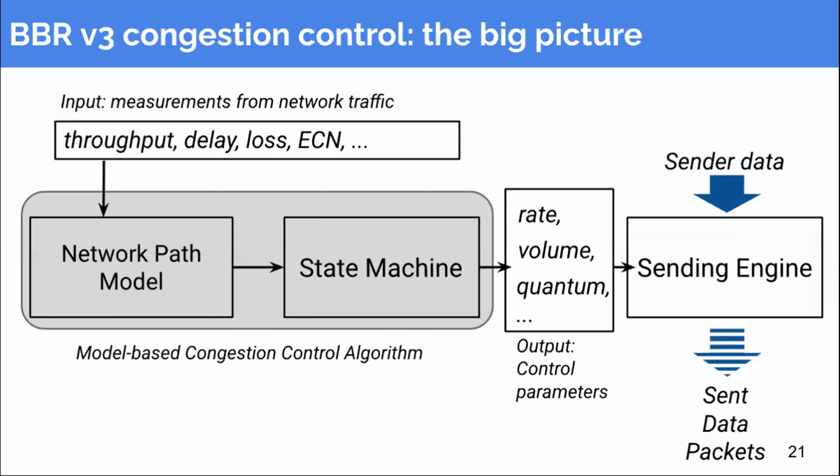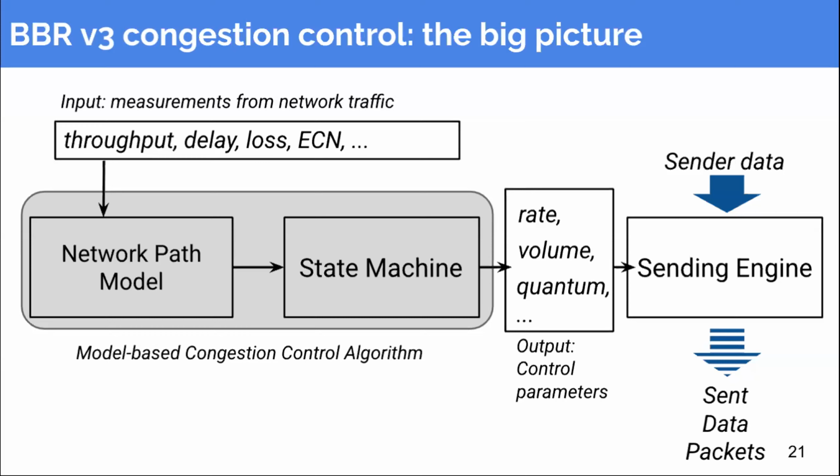So if we look under the hood a little bit at the architecture of BBR, it's useful to think about a diagram like this one. So here's the big picture of the components of BBR if we think about them at an architectural level. At the top here, we have the input that's going into the algorithm. These are basically different kinds of measurements of network traffic. This includes throughput and delay and loss and ECN.